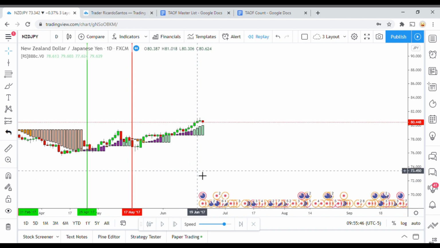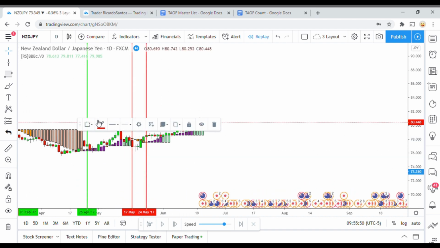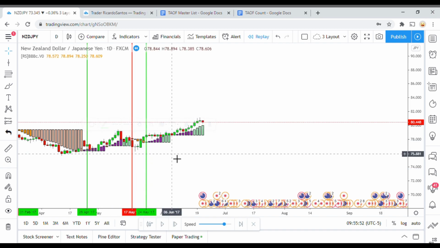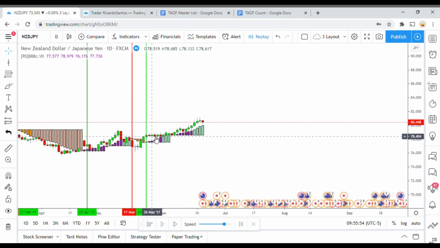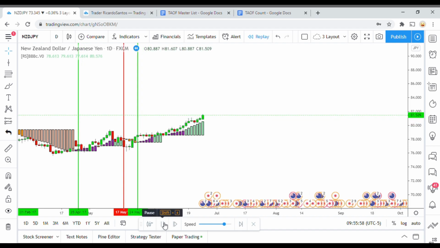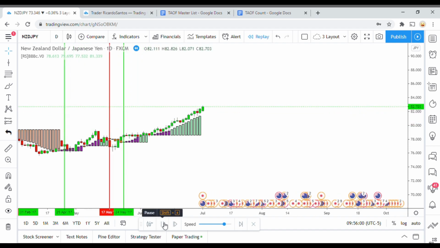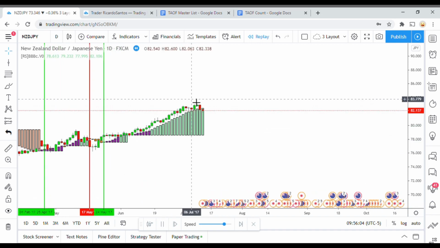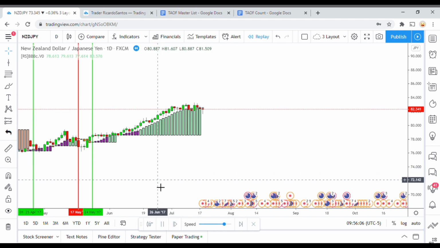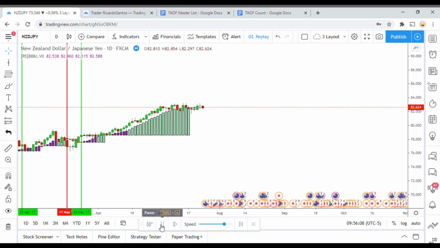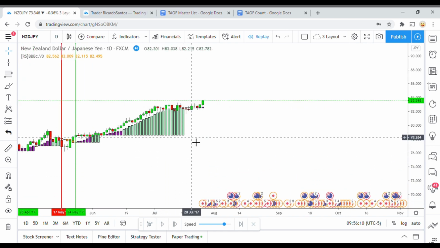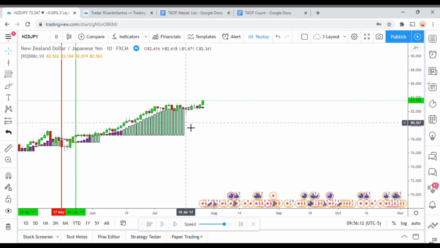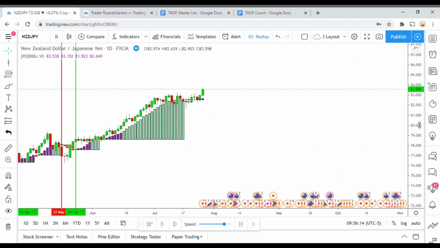Looks like it does eventually get us to take profit. Kind of rode sideways there for a good week or so, but it eventually swooped up and took off on us there. All right, let's see what's going on here.